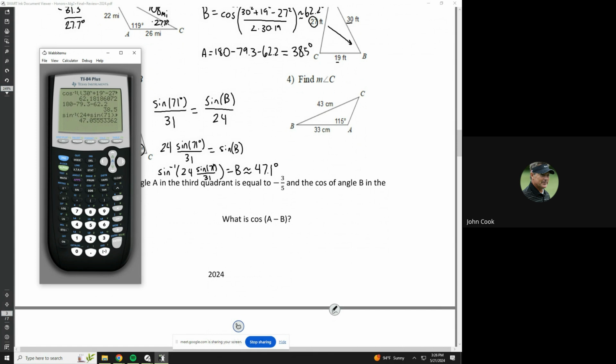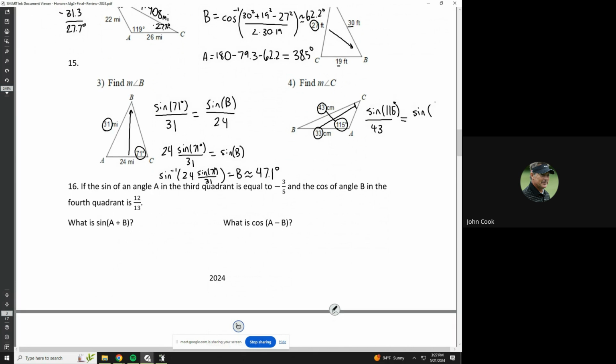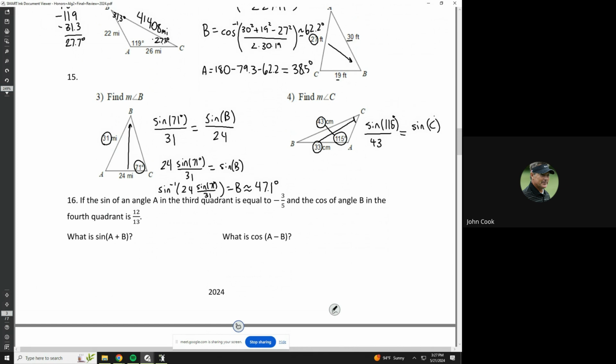Now let's find the measurement of angle C. So it looks like we've got this angle and this side across, so we can use the law of sines to find this, and we can use this side to find the angle that's across from it, angle C. So we set up our ratio, the sine of 115 over its opposite side, which is going to be 43, is equal to the sine of the angle that we're looking for, C, over its opposite side, which is 33.